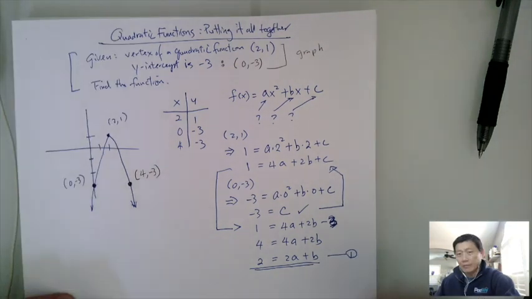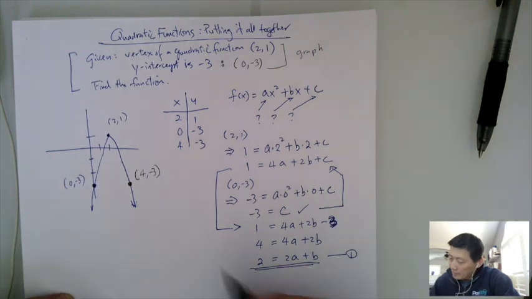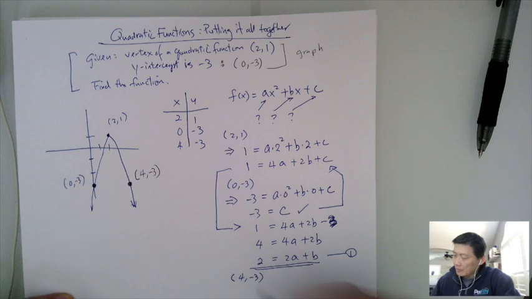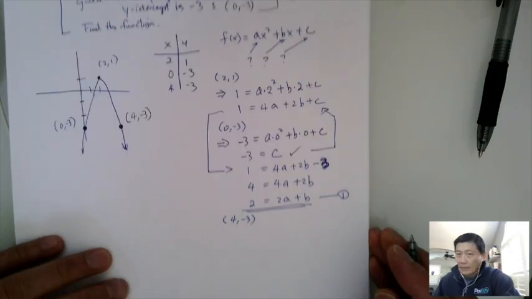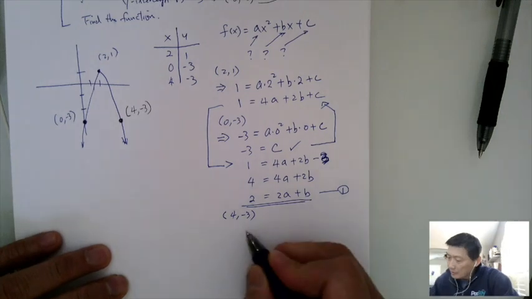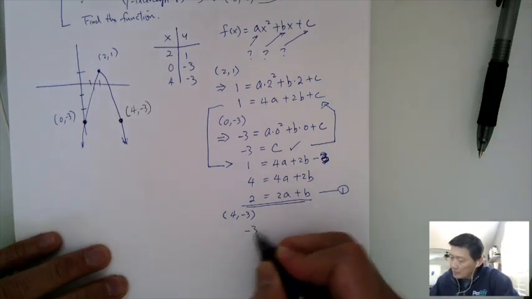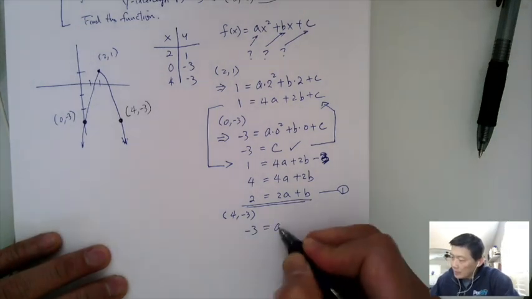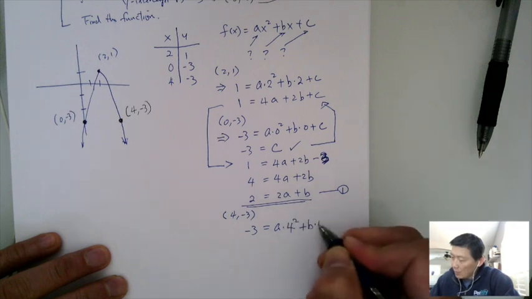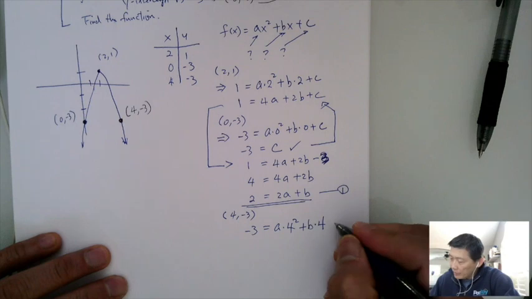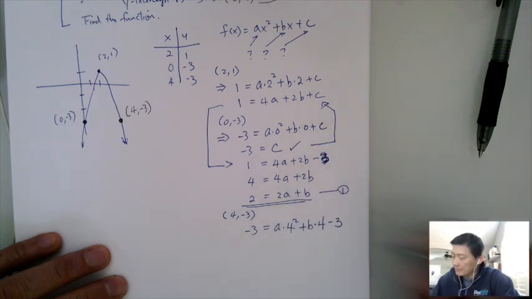So I have exhausted all the information up to this point, but I want to continue with (4, -3). That's my third point. I end up with -3 is equal to a times 4 squared plus b times 4 plus c, and we know c is negative 3, so minus 3.